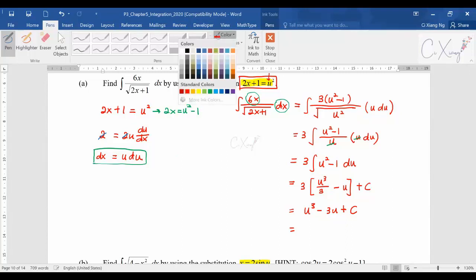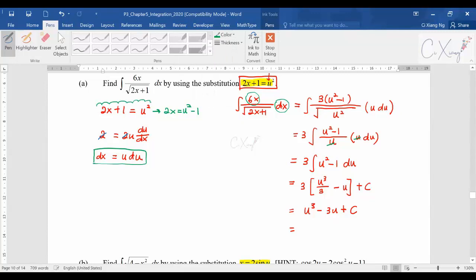Okay, so again, you look at the substitution from what they give you just now. U squared is 2x plus 1. Therefore, from here, you should know that u is equals to 2x plus 1 square root. So square root is power half. Then you substitute this whole thing into u power 3.